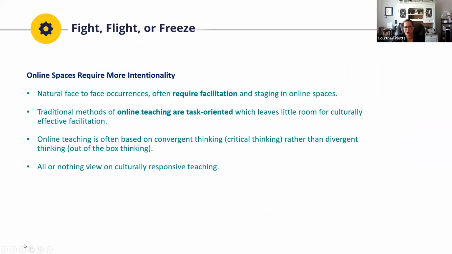And so particularly when you're talking about online spaces, this is super important, because in online spaces, the face-to-face natural kind of interactions require facilitation. So for instance, if you're in your face-to-face course, sometimes your students stand outside your room and they're just talking, kind of doing their thing.